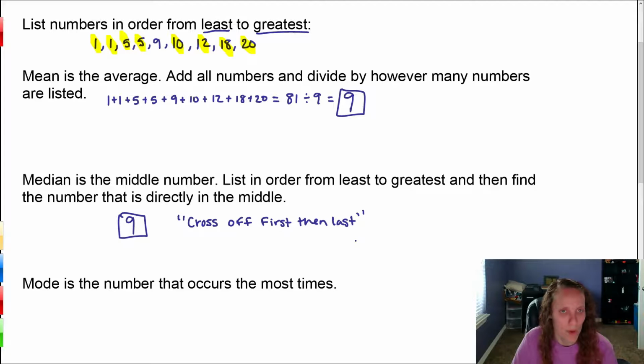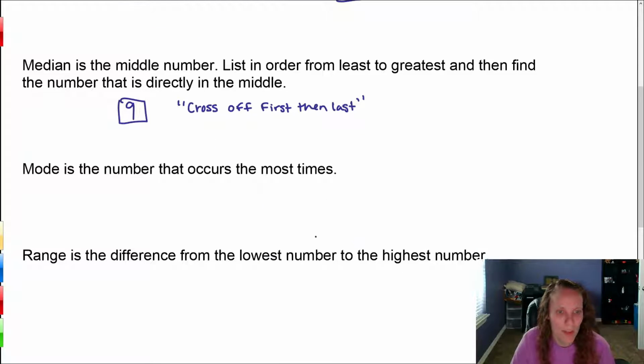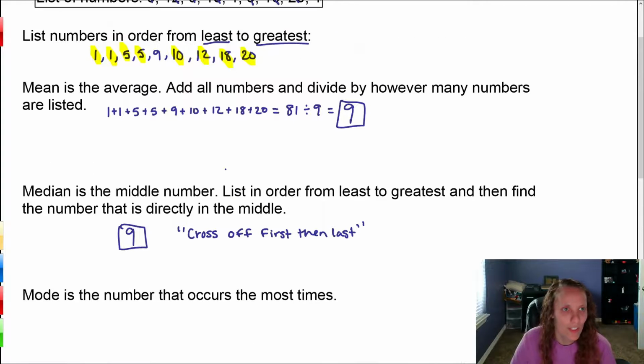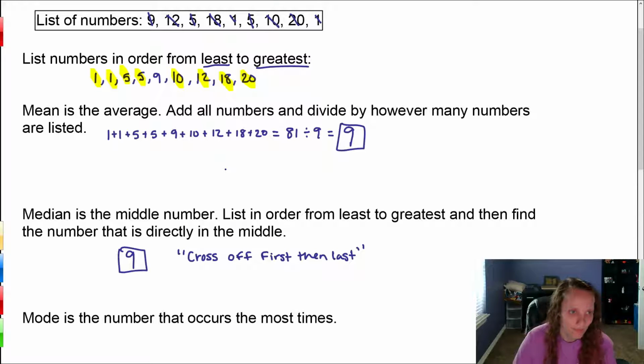Now we want to know the mode. The mode is the number that occurs the most times. So if we look at our list, I see that the number 1 happens twice and the number 5 happens twice. No other numbers repeat itself. So it's the number that occurs the most times.